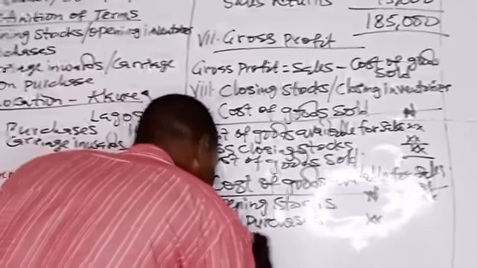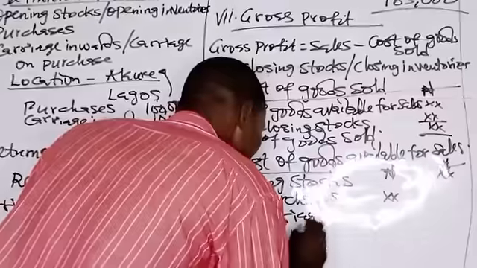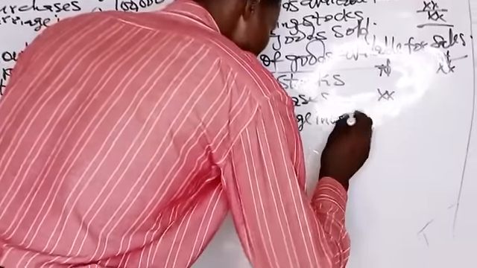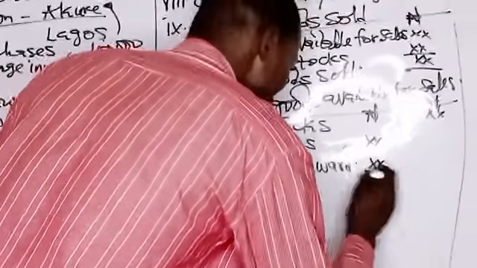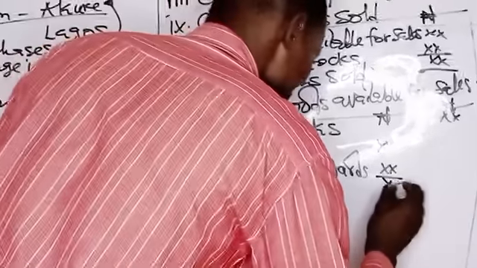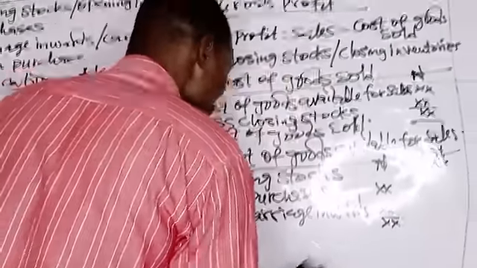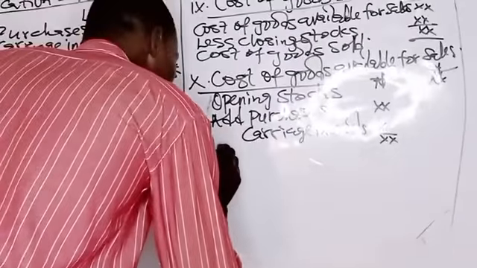Therefore, you add carriage inwards. And if you have return outwards, I've told you that return outwards can also be called return on purchase.